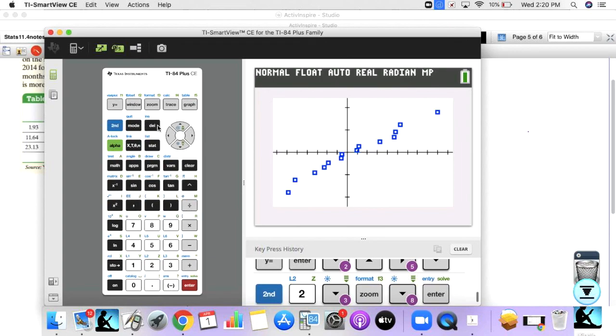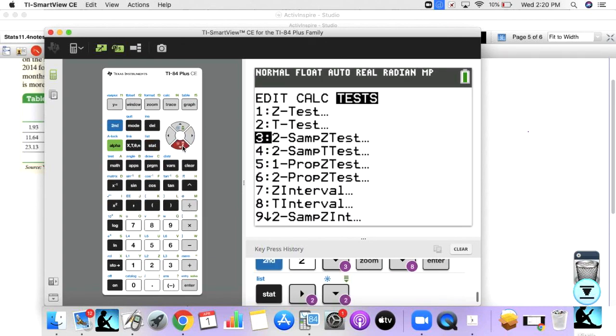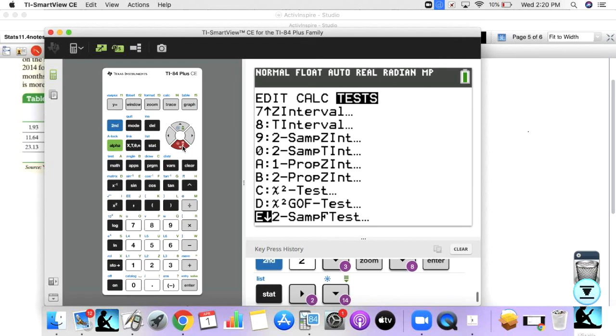So we will go stat, test, and all the way down to E, I guess it is on my calculator. I know earlier it was D on my other calculator, the one that I actually had in my hand. So it could be a different letter for you. Just make sure you're choosing the one that says 2 samp F test, okay?